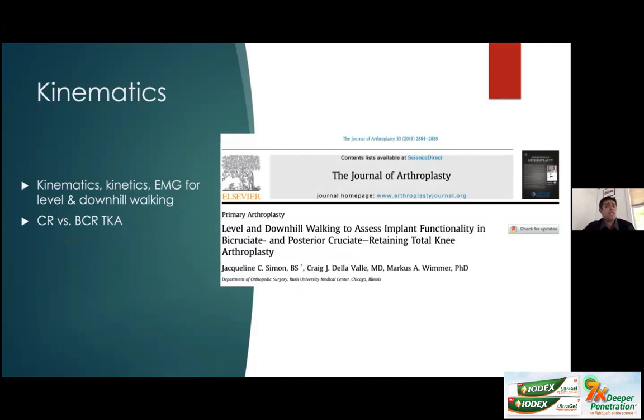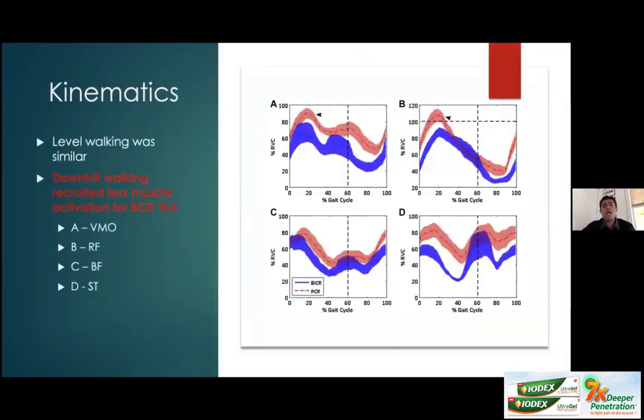The thought is that a bicruciate retaining design should activate fewer muscle groups. And that seems to be the case. However, not in level walking. In level walking, the muscle firing was the same, whether you use a cruciate retaining or a bicruciate retaining design. But downhill walking recruited less muscles across the board when it comes to your vastus medialis, your rectus, your biceps, or your semitendinosus. Across the spectrum, they were activated less for a bicruciate retaining knee walking downhill.